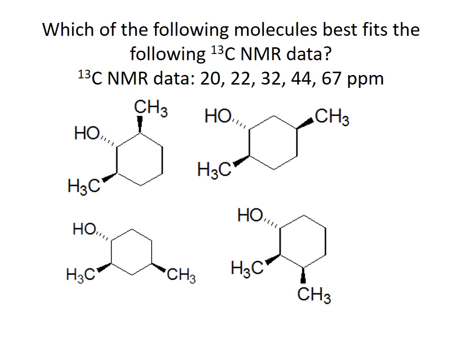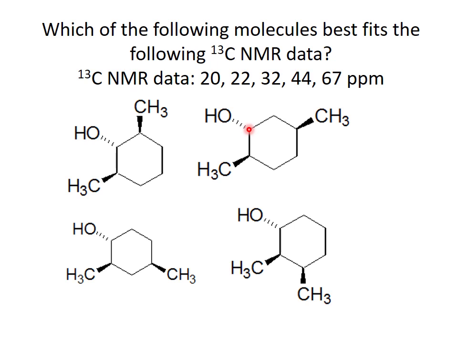Which of the following molecules best fits the peaks found at these parts per million? Well, if I look at these peaks, I see there are 5 different carbons. So the first thing I do is I look for a molecule that has 5 different carbons.